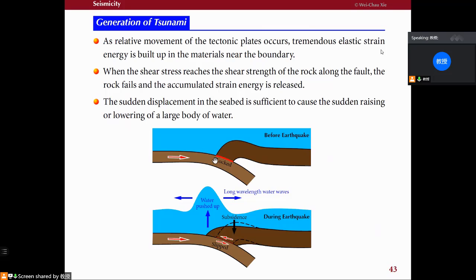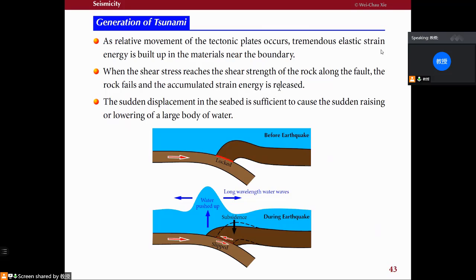So the two plates are stuck together at this boundary. When the shear stress reaches the shear strength of the rock along the fault, this part, the rock fails and accumulated strain energy is released.